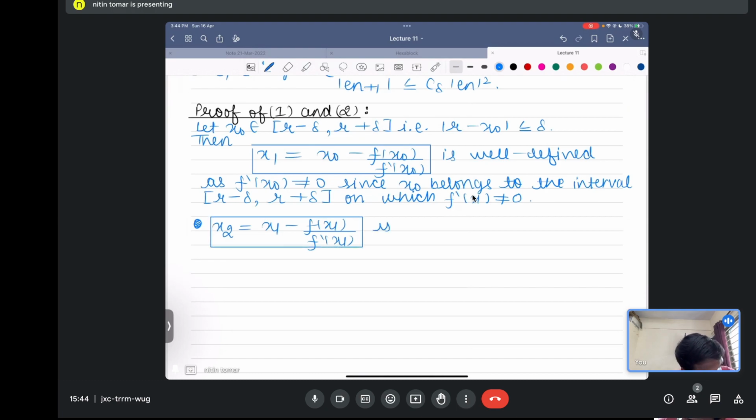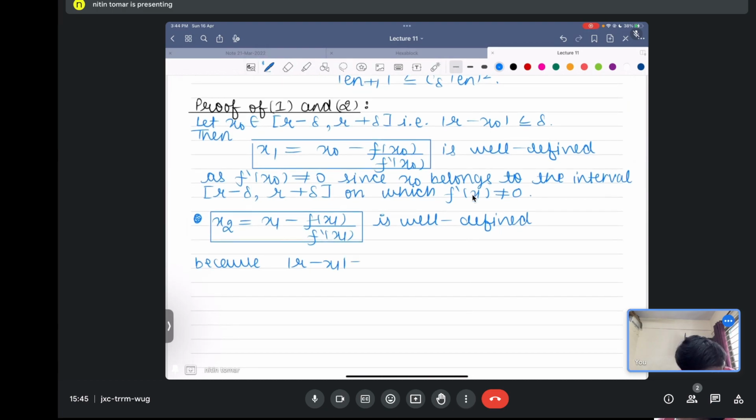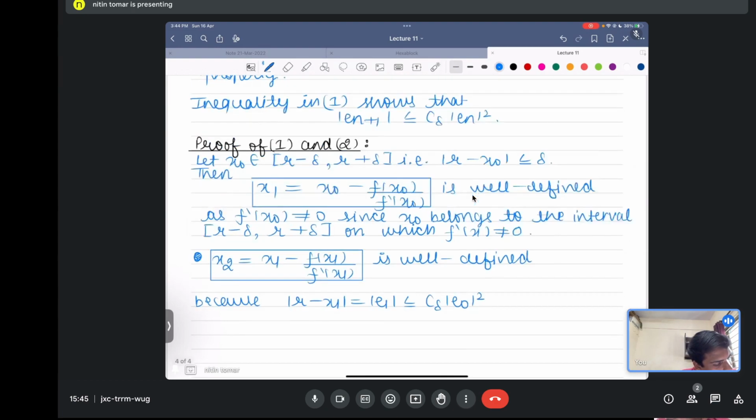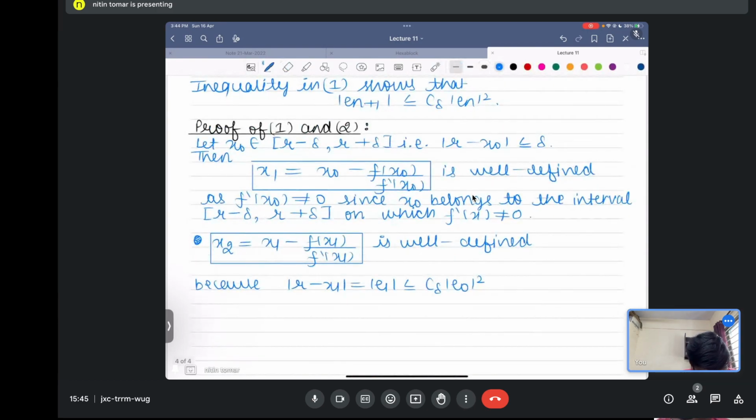See, this is also well defined if we show that f prime x1 is not 0, but this will be true because you see r minus x1, which we know is e1, will be less than or equal to c delta e naught square, and the way delta has been chosen, we know that e naught is actually less than delta, so we can use that fact.